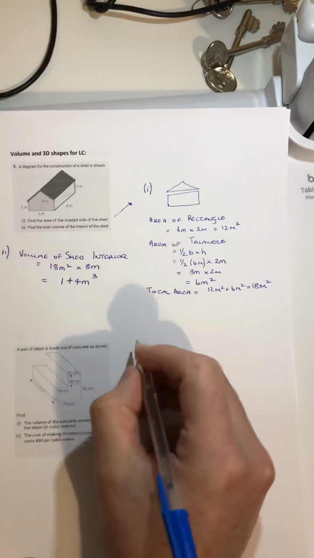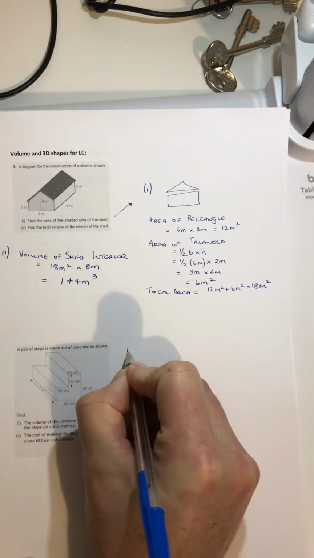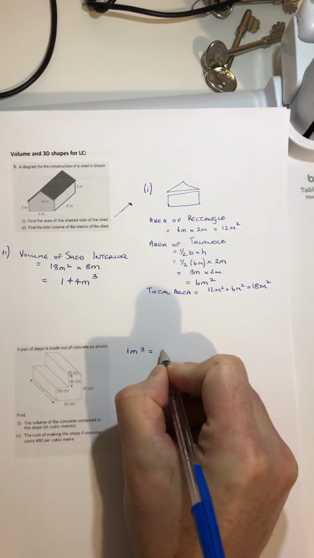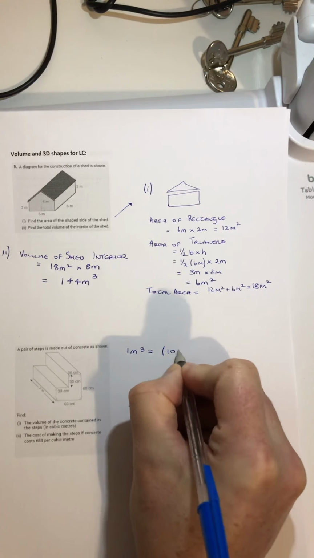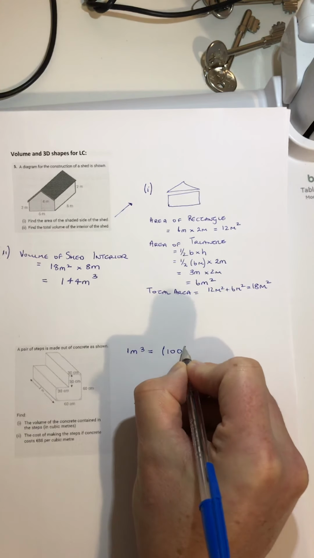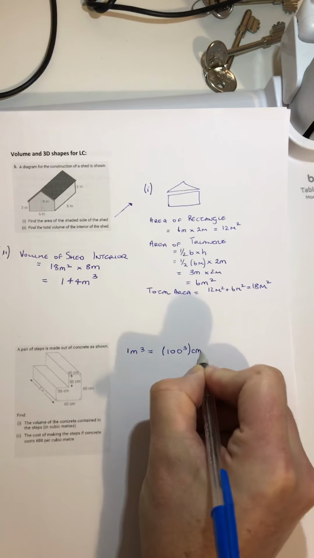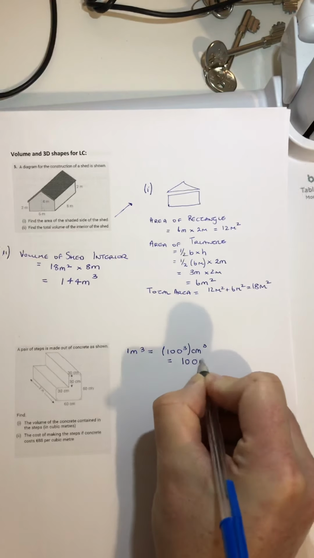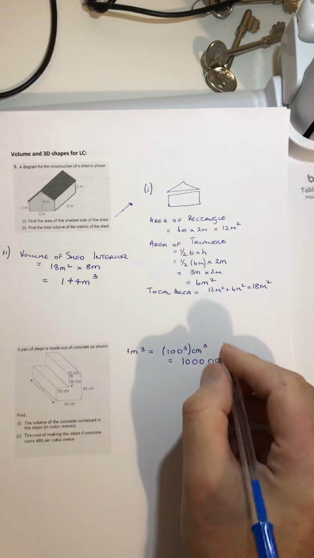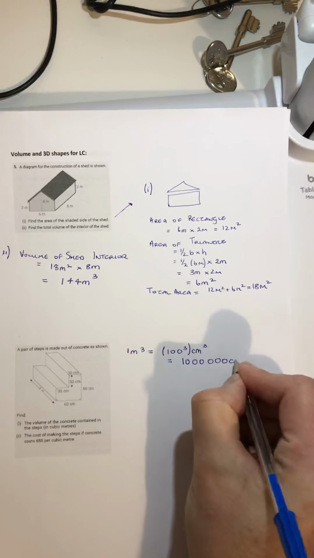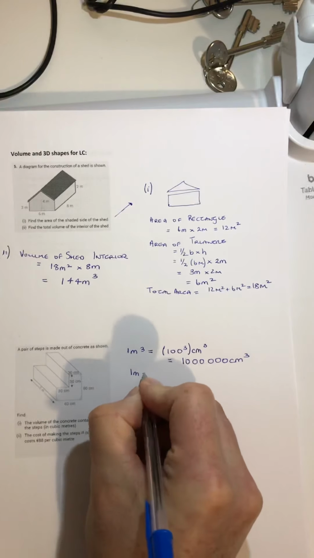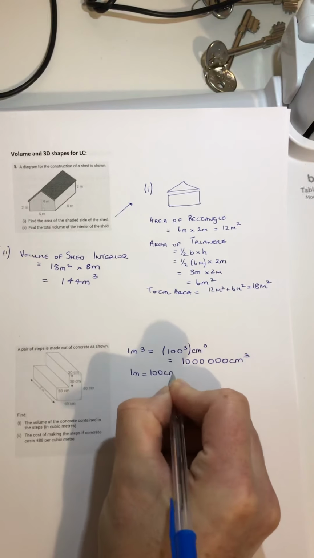So the first thing we need to know is that 1 meter cubed is equal to 100 cubed centimeters, which is equal to 1,000,000 centimeters cubed, because 1 meter is equal to 100 centimeters.